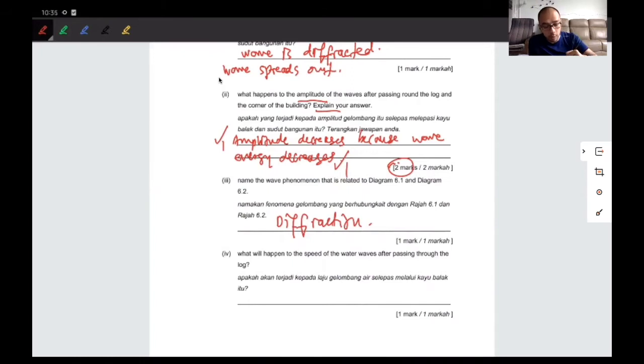The speed of the water waves remains unchanged. This is where usually students start to be confused. Why is this diffraction's unchanged line, and refraction's unchanged line? So I'm just going to lay down here the things that remain unchanged.